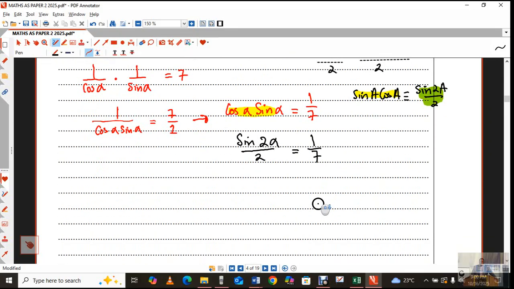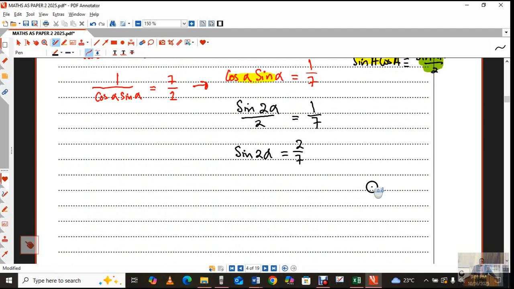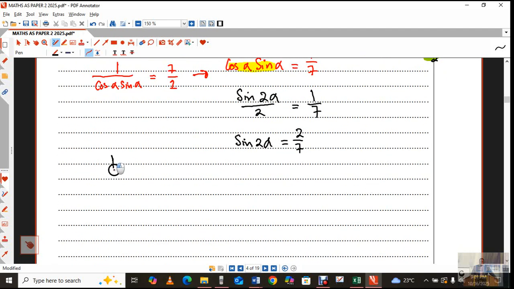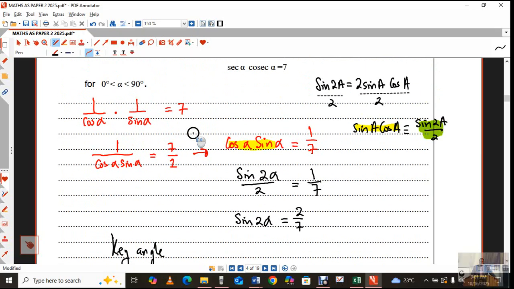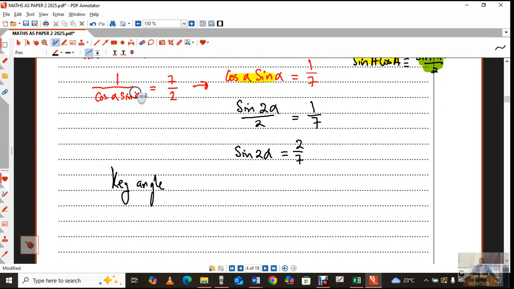Right. Now, isolate that sine 2 alpha. So sine of 2 alpha is equal to, times 2 everywhere, so you have 2 over 7. Now, I would like to calculate what we call the key angle. Okay. So our key angle, and the domain is given to us in degrees, so your calculator has to be set to degrees. All right. Our key angle is going to be the inverse sine of 2 over 7.